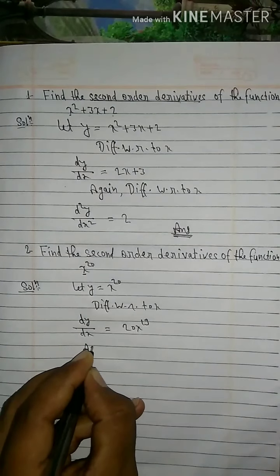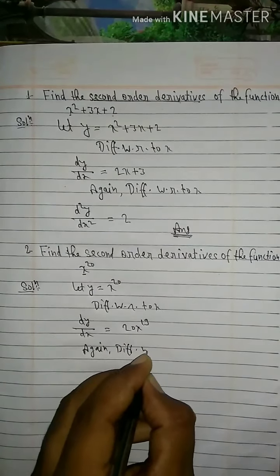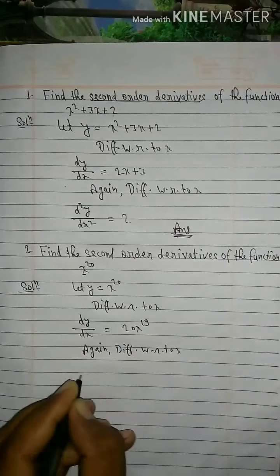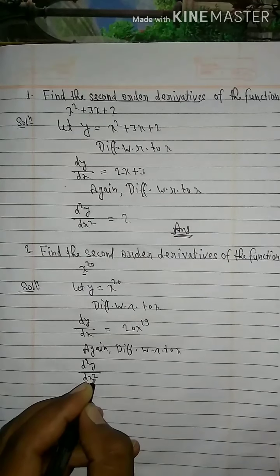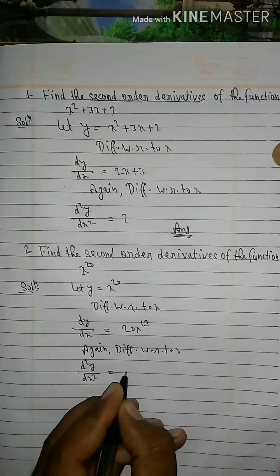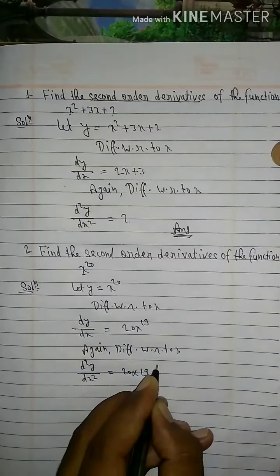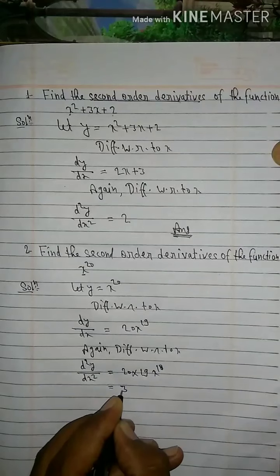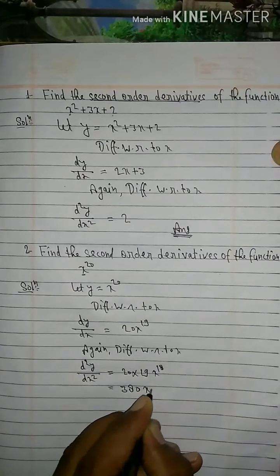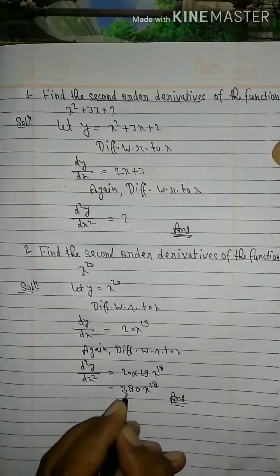Again differentiating with respect to x, d2y by dx2 equals 20 into 19x to the power 18, and multiplying this, 380x to the power 18. So this is your answer.